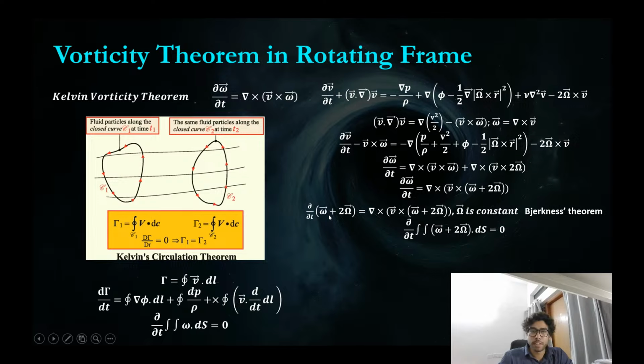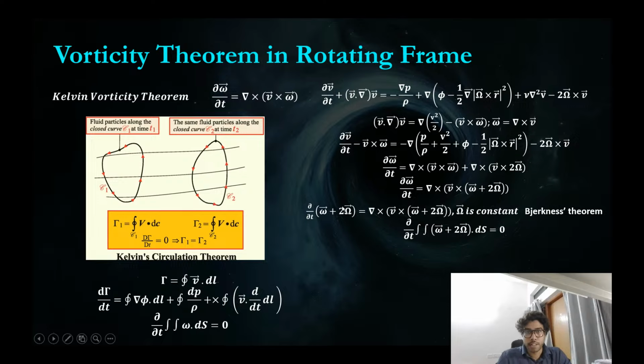But here, this is basically coming from this equation. I can always write this equation as this because the capital omega is constant, so I can always take it inside the del t. This will be anyway zero. This is done just to have some symmetry on both sides of the equation.